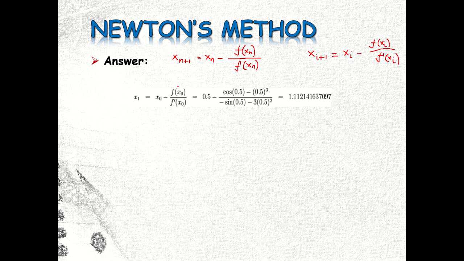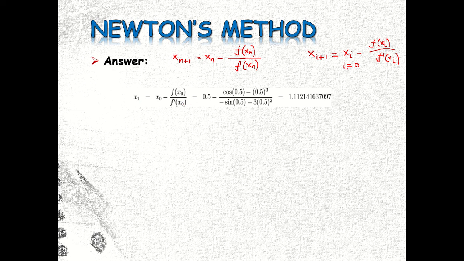And now we have another one. Don't be confused. When i equals 0, meaning it's our initial guess, this becomes x sub 0. From this formula, i is 0, so 0 plus 1, that's why you have x sub 1. So this is also x sub i, where i is equal to 0, so you replace this with 0.